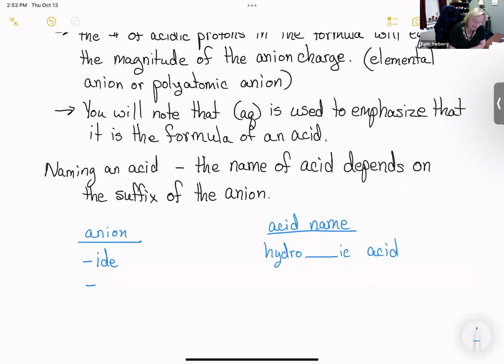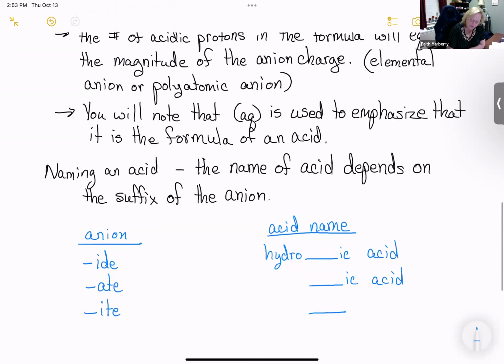If the ion ends in ATE, then it's going to be the root of the ion followed by ic acid. But if the anion ends in ITE, then it's going to be the root of the ion followed by ous acid.